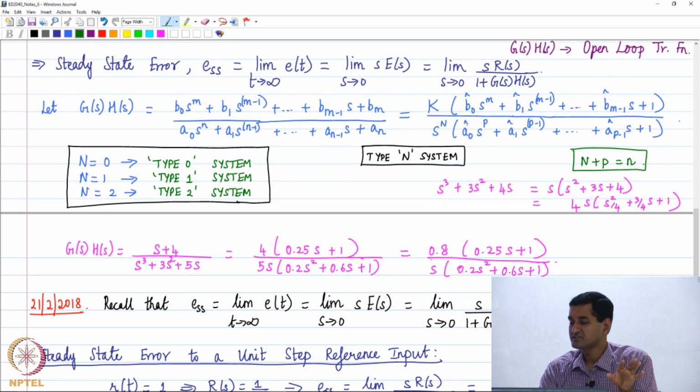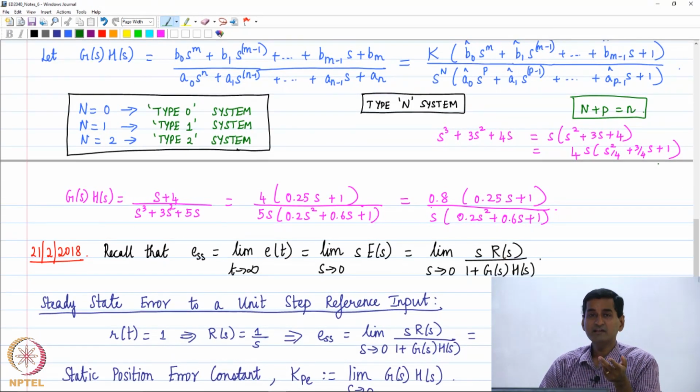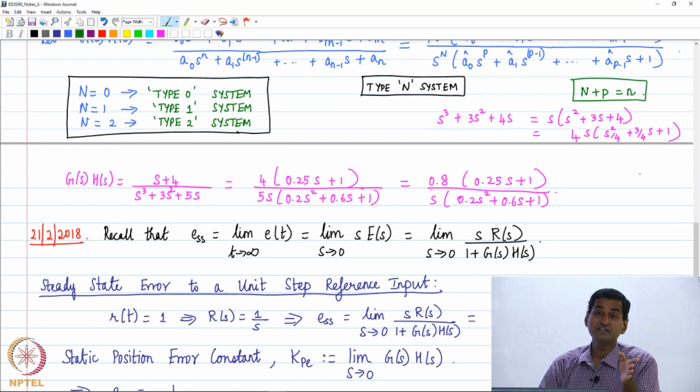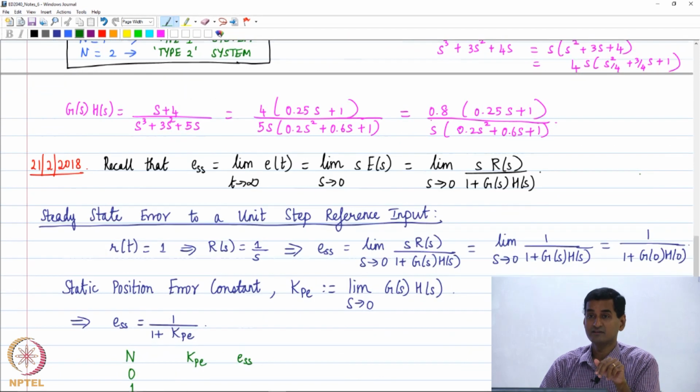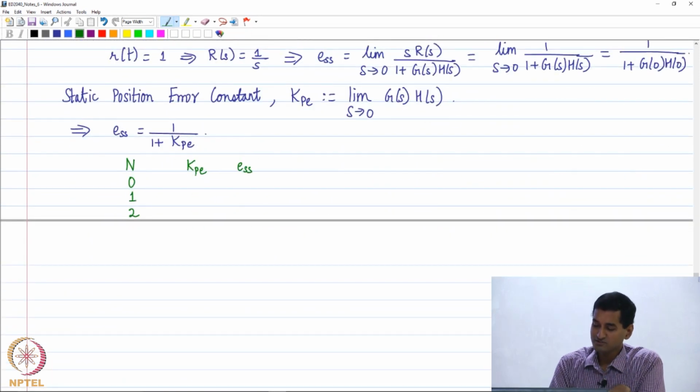So when capital N is 0, I will just get K times b naught hat s power m all the way till 1, divided by a naught hat s power p all the way till 1, okay. So of course p becomes equal to small n then, right. So then you immediately see that if I take the limit s tending to 0, I get K, which is what is called the open loop gain.